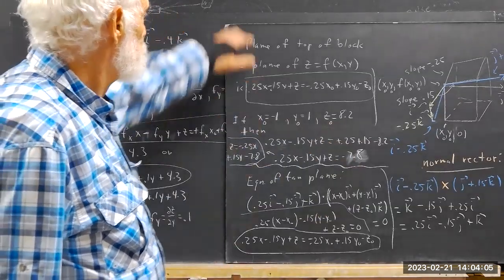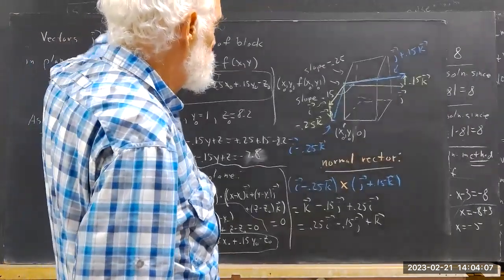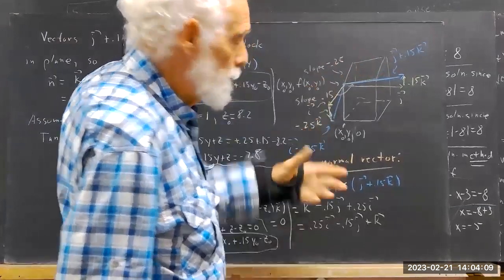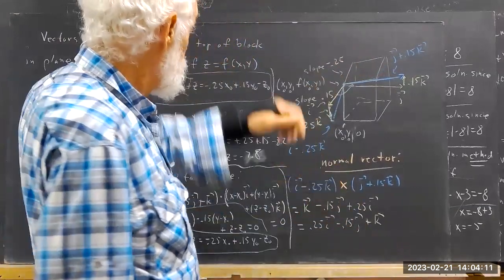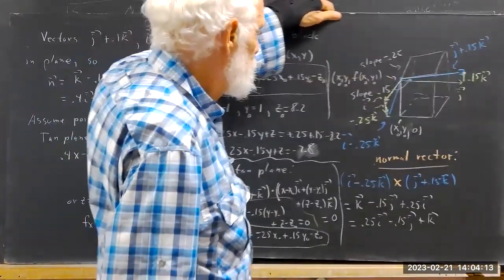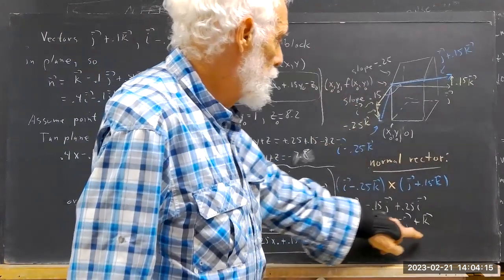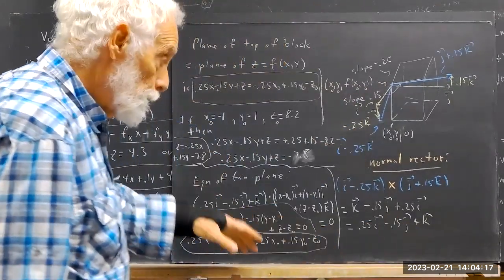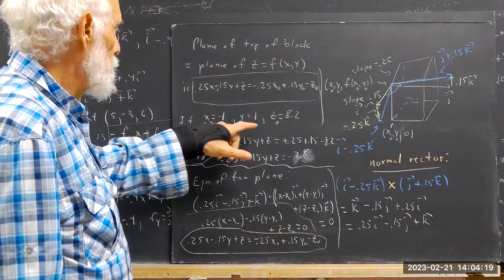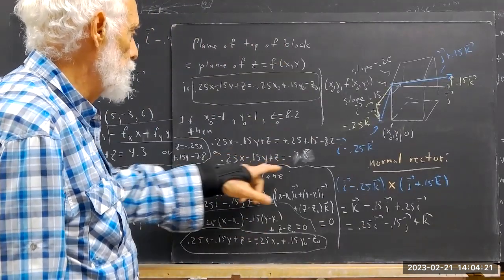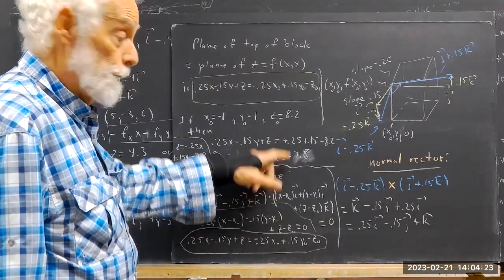And that was using these vectors and the cross product to give us the normal vector. The normal vector then being this, and then using that normal vector and the point negative 1, 1, 8.2, we got the equation of the plane.